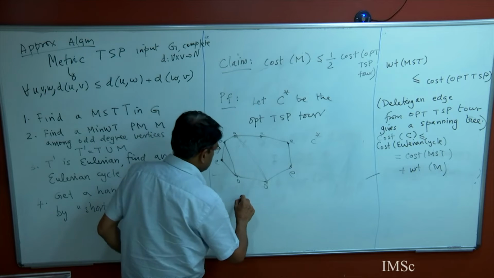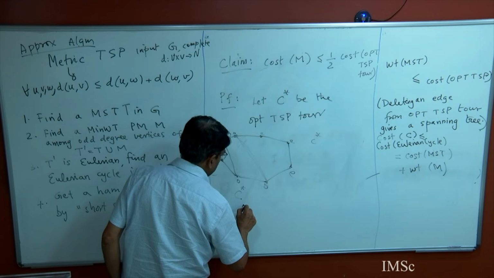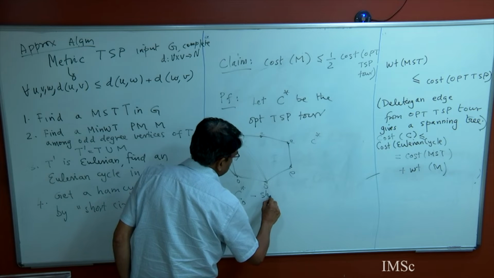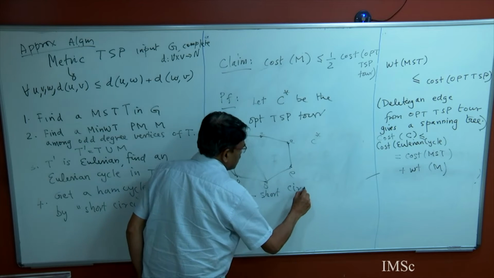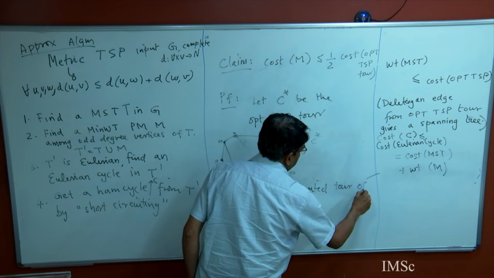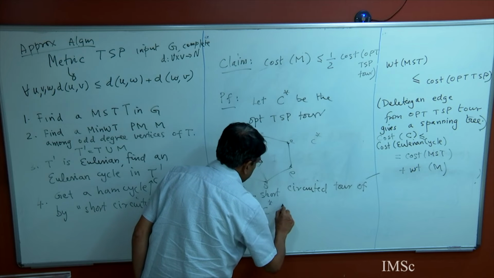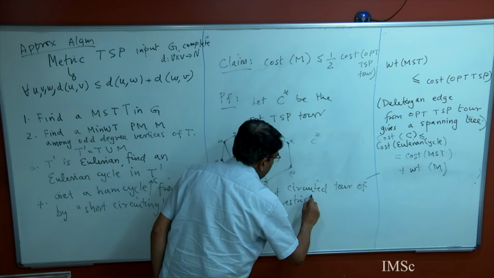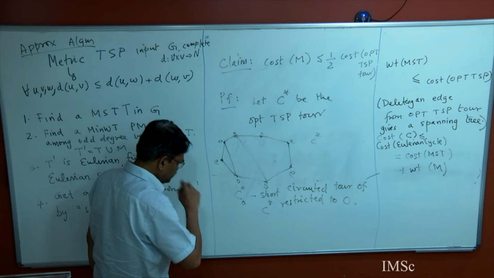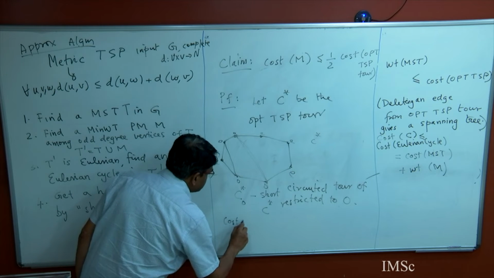Let us call C star O the short circuited tour of C star restricted to O, the odd degree vertices.